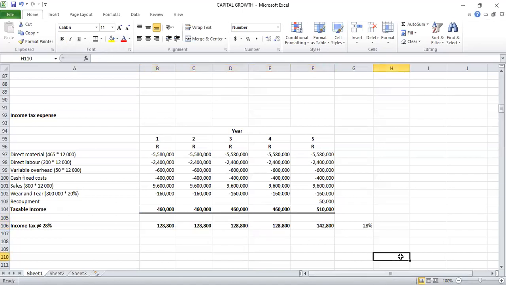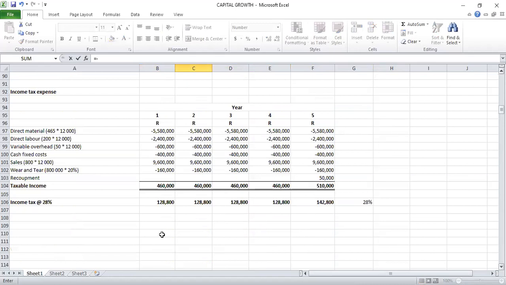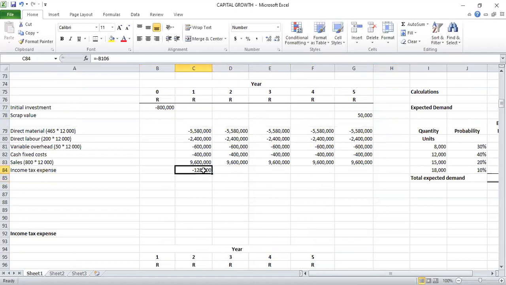So this will be our income tax expense. Right. Any questions on the income tax expense? So then we export it to this side. And we subtract it because it will be money going out.